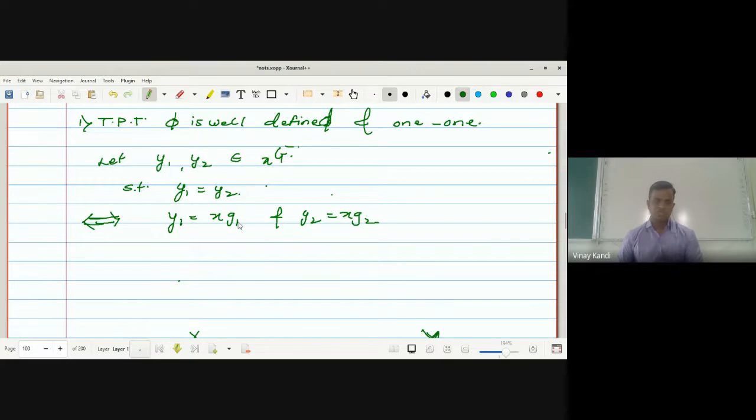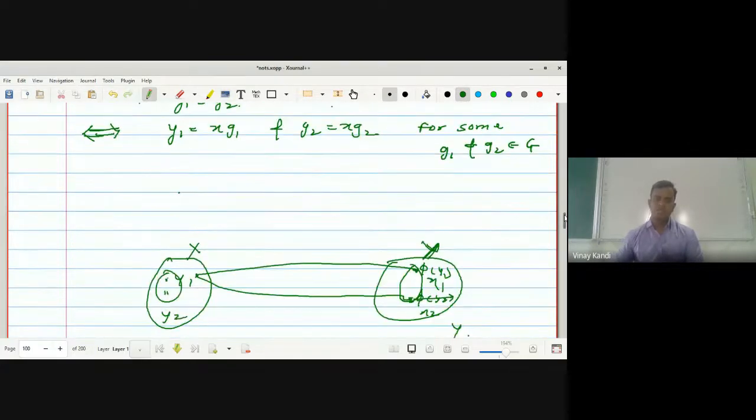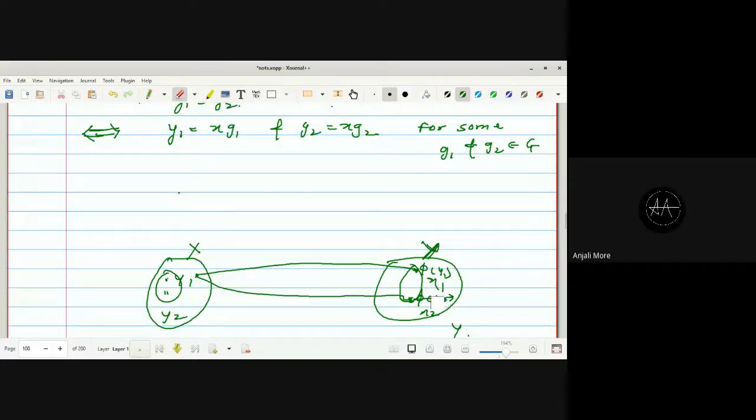Okay, so this is the nature of y1 and y2 for some g1 and g2 belongs to capital G. Okay, is it correct? Any doubt up to here? No, sir. Okay.